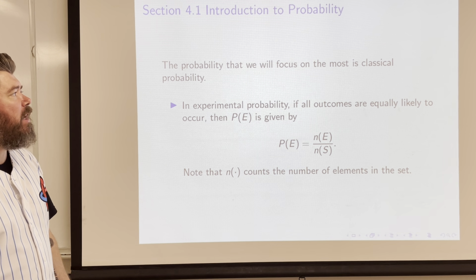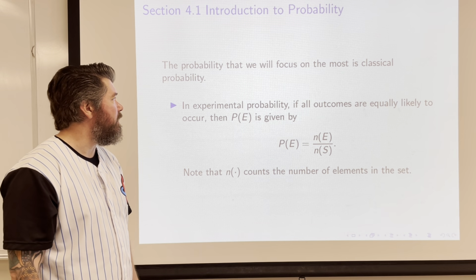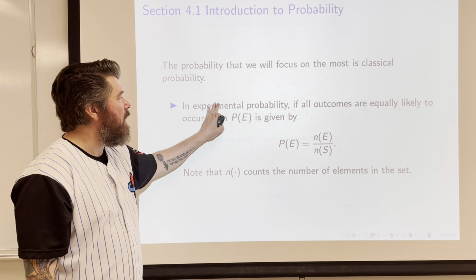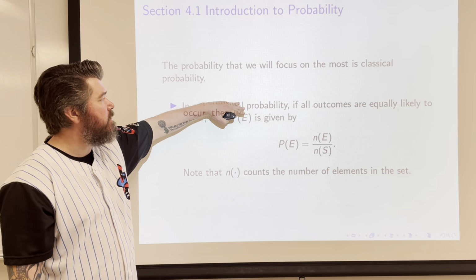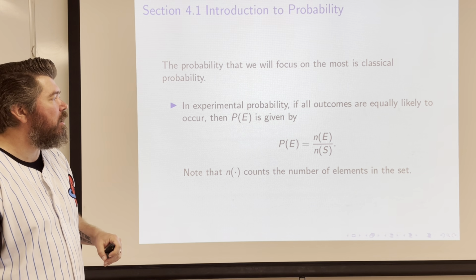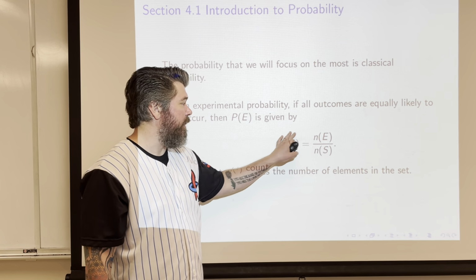The probability that we will focus on the most in this class is classical probability. Sorry, this is a typo. In classical probability, this should say classical, if all outcomes are equally likely to occur, then the probability is given by this following.